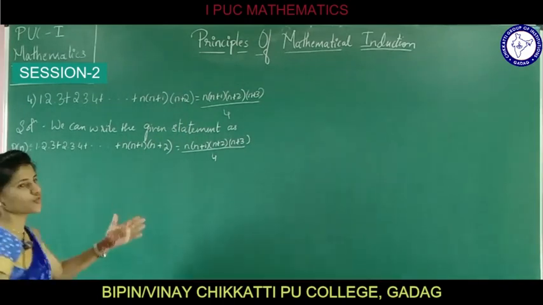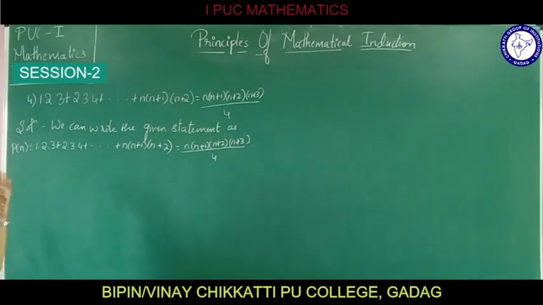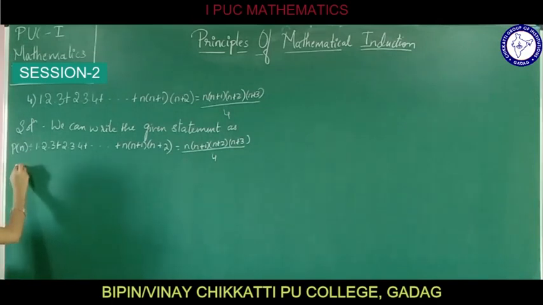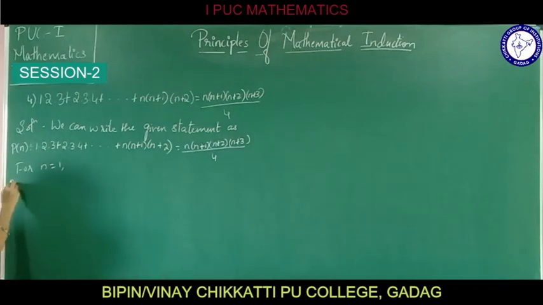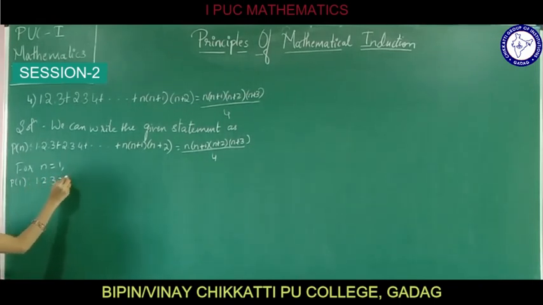If it is so, what will we do? For n is equal to 1, we are going to prove P of 1. 1 into 2 into 3, we get 6.